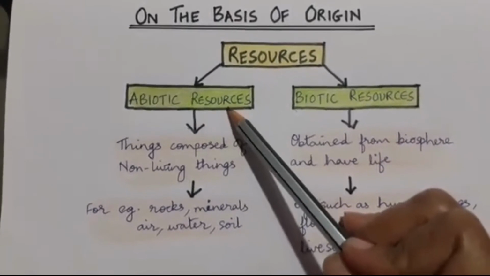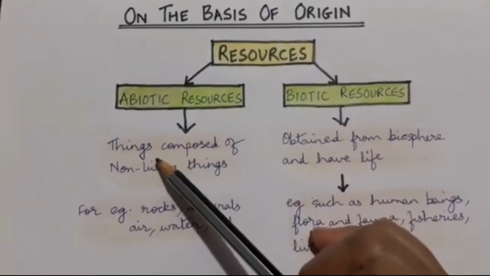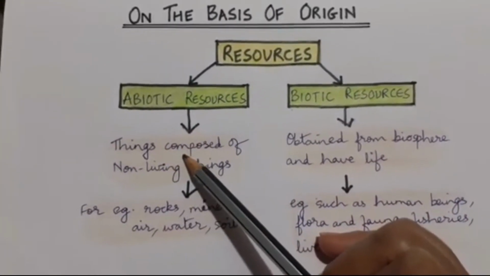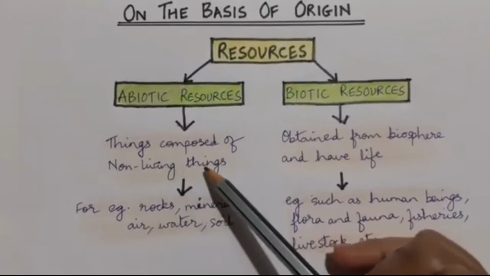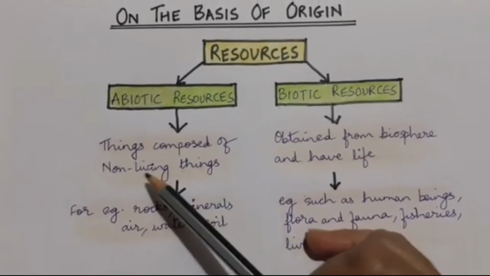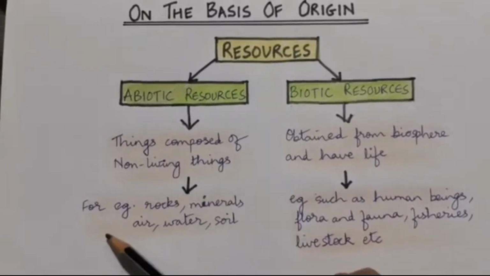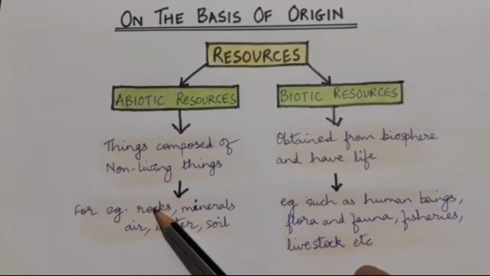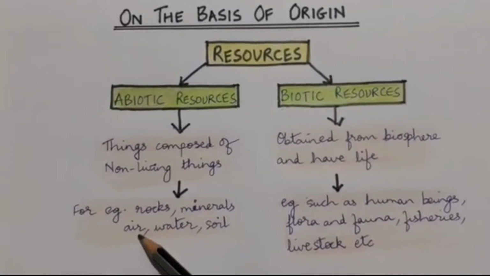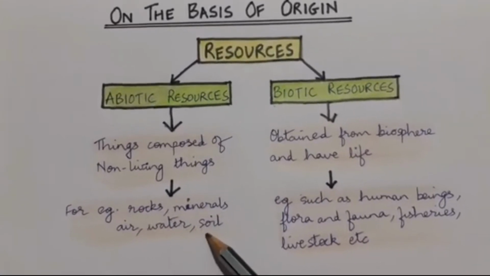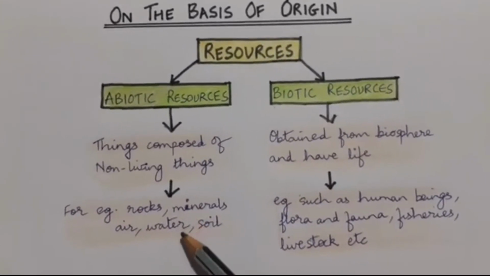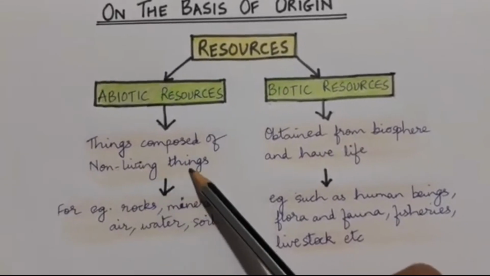Abiotic resources are those which are composed of non-living things. What are these non-living things? For example, rocks, minerals, air, water, soil, all are non-living things.